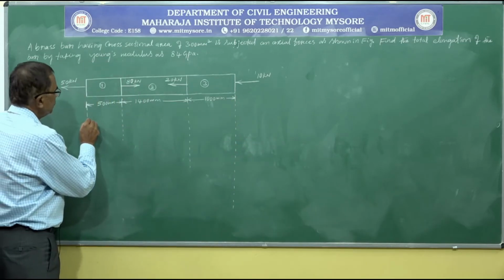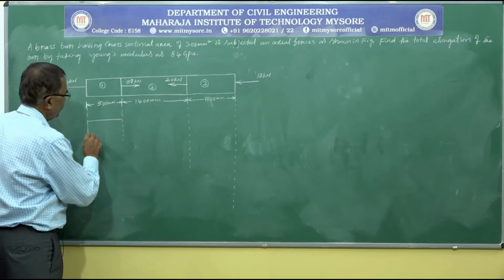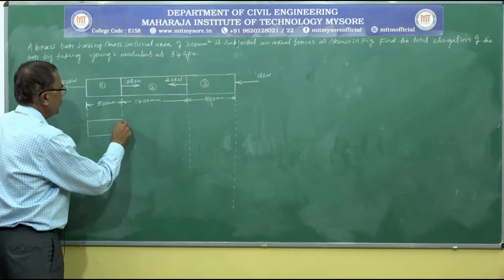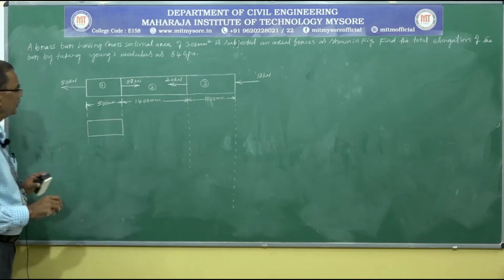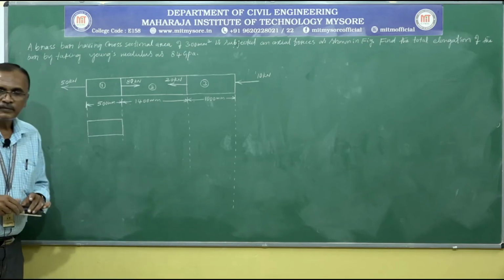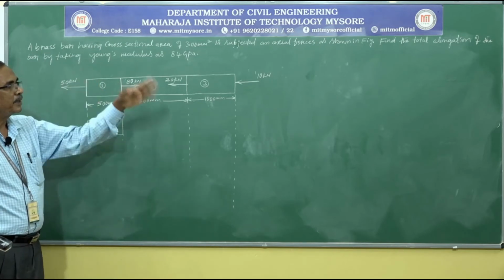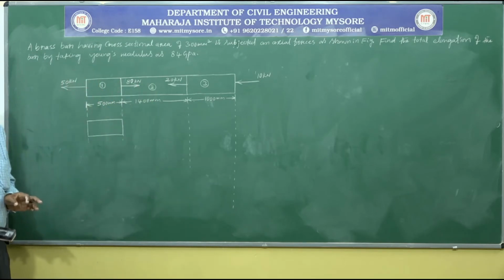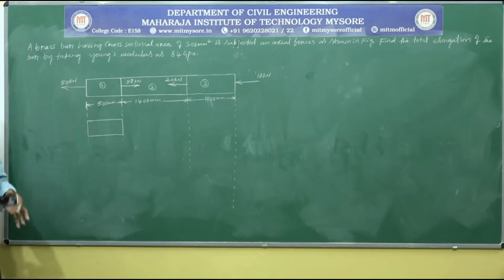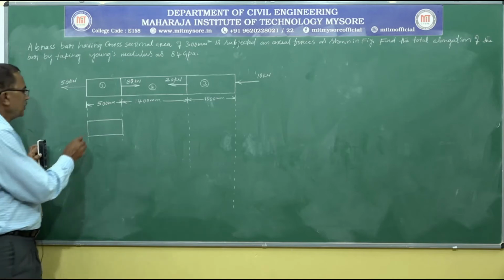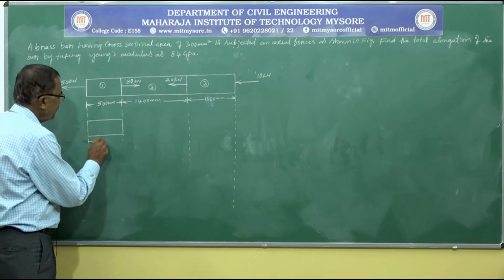Consider the first portion. Now, checking the equilibrium condition of each portion is nothing but comparing the forces acting on the different portions, we can check each portion for its equilibrium condition. We consider, so this is 500 millimeter.